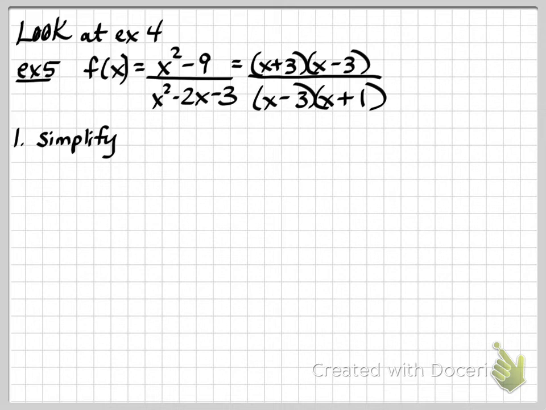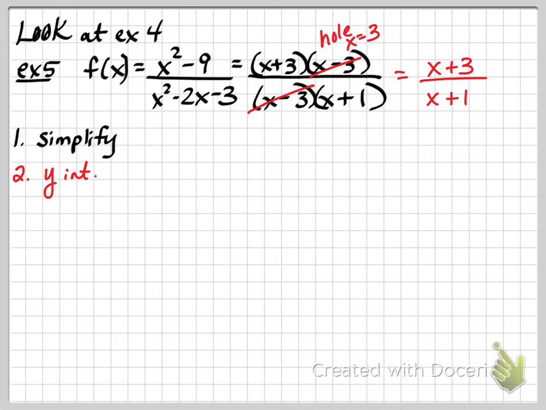So these are in both the numerator and the denominator, so we can divide those out. That means there's going to be a hole at x equals 3. So the simplified version of this function is x plus 3 over x plus 1. We'll use that simplified version. So simplified, done.